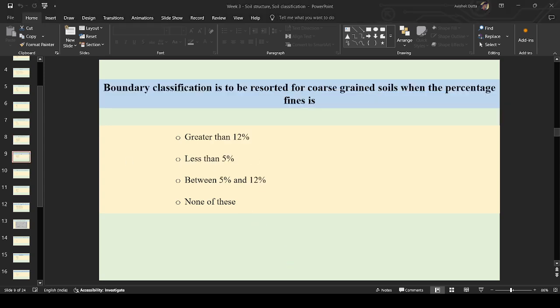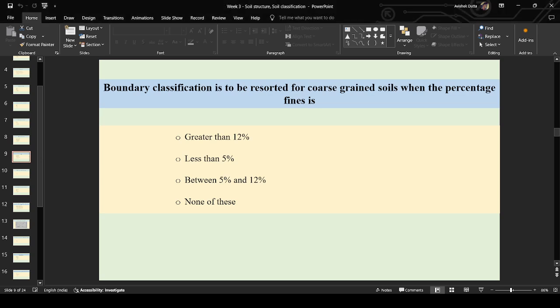Boundary classification is to be resorted for coarse grained soils when the percentage fines is.